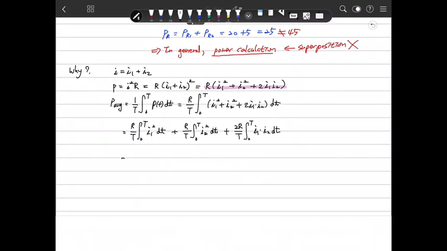So I know that this is exactly the same as P1 plus P2 plus we have one more term.